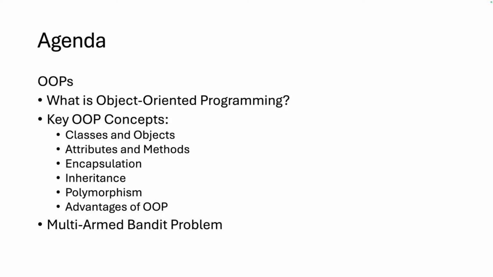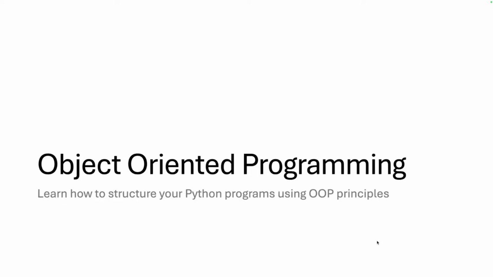We'll dive into examples. We'll play around with some code. We'll just try to hack some things out. But this is not all encompassing. And really the only way you're going to get familiar with this, I think, is if you just try it out and try to build some examples yourself. So we're going to talk about classes and objects, attributes and methods, encapsulation, inheritance, polymorphism, and why you should use object-oriented programming. And maybe where you shouldn't.